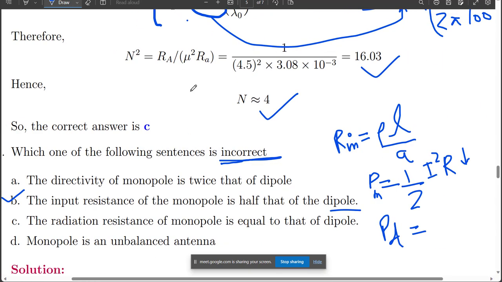Wait, no. This is not correct. This is power dissipated.